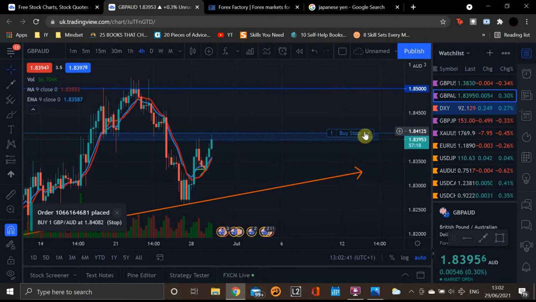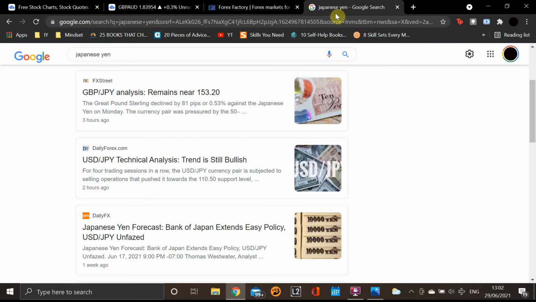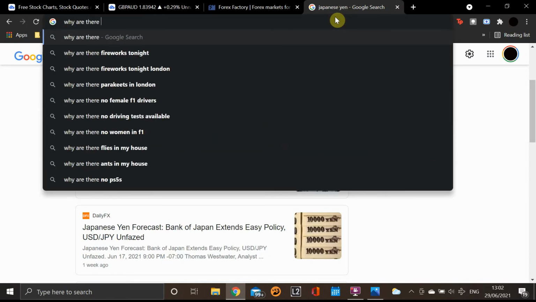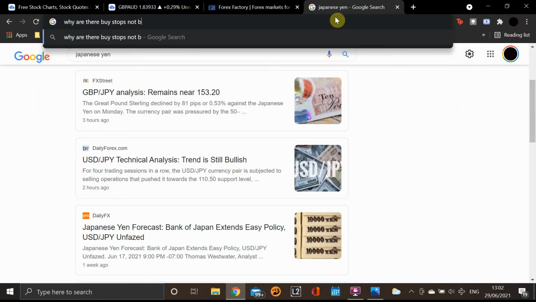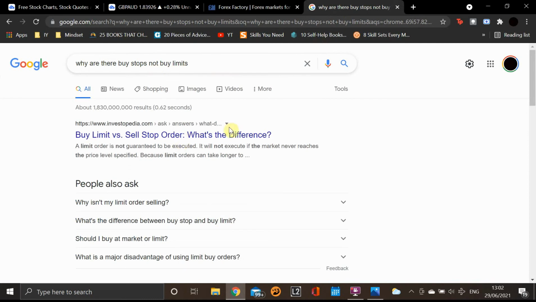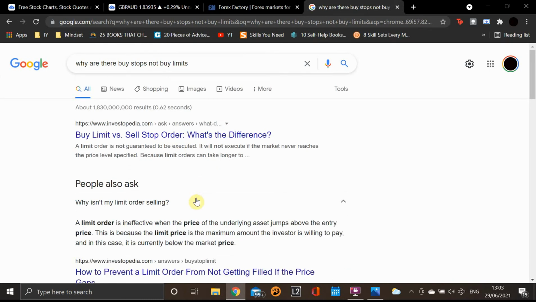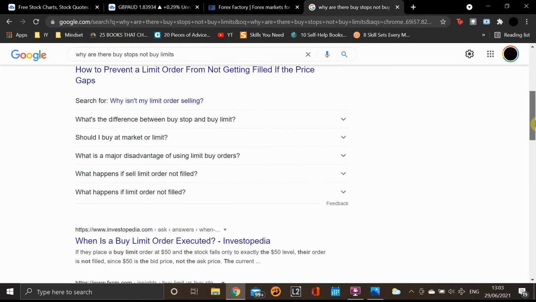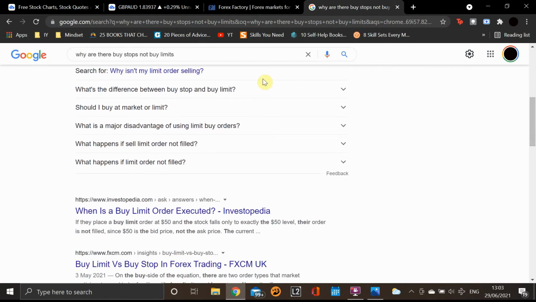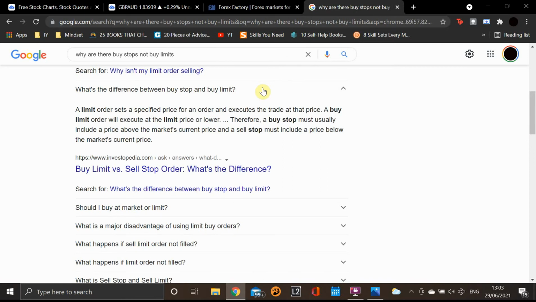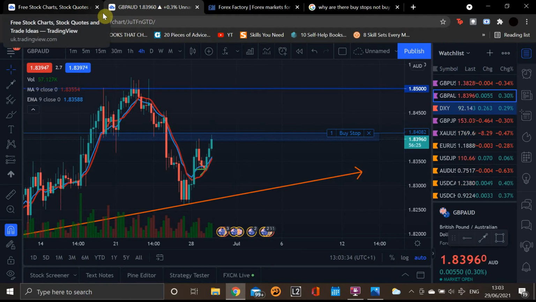I don't understand why these are being buy stops. Yeah, I'm confident GBP AUD would go up.